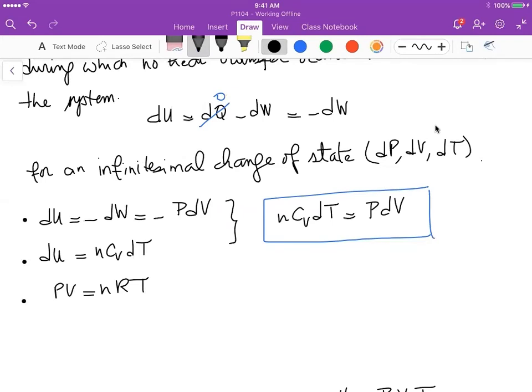This gives us dP times V plus P times dV is equal to nR dT. Oh, here we have a minus sign, I just forgot it. It is equal to minus P dV.